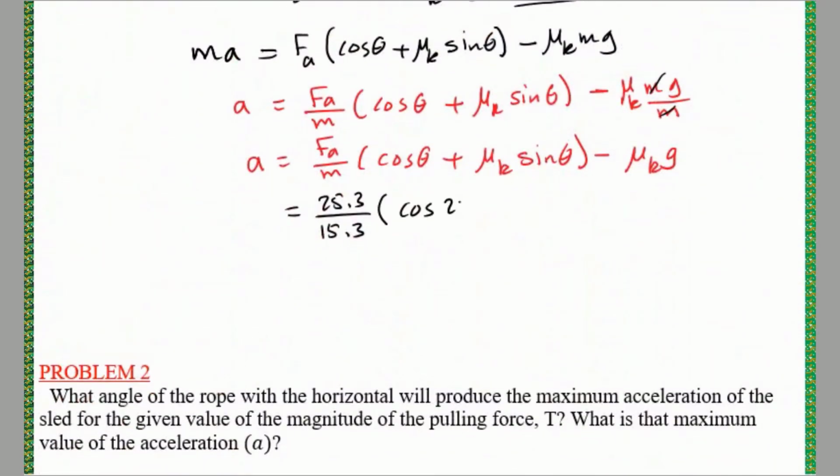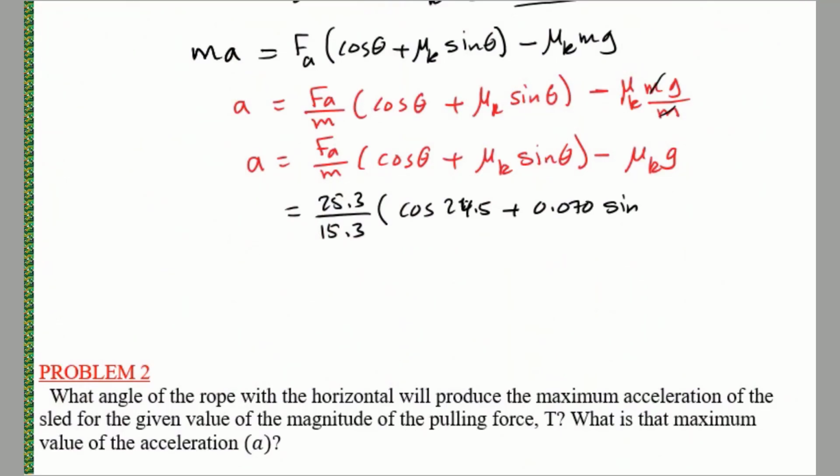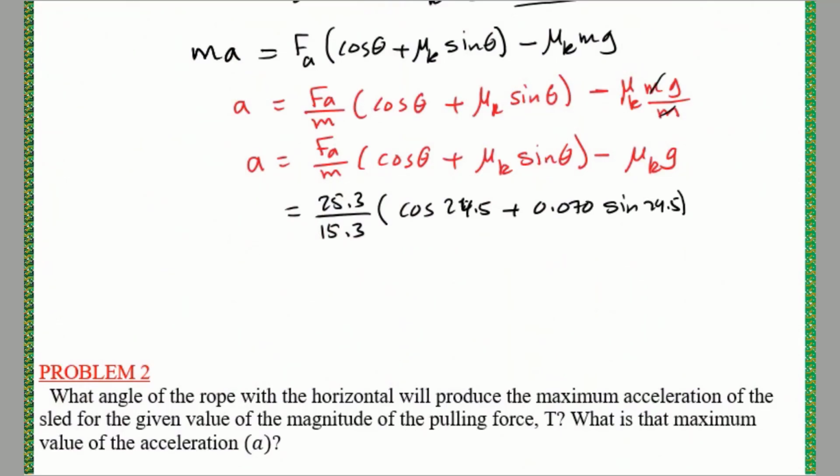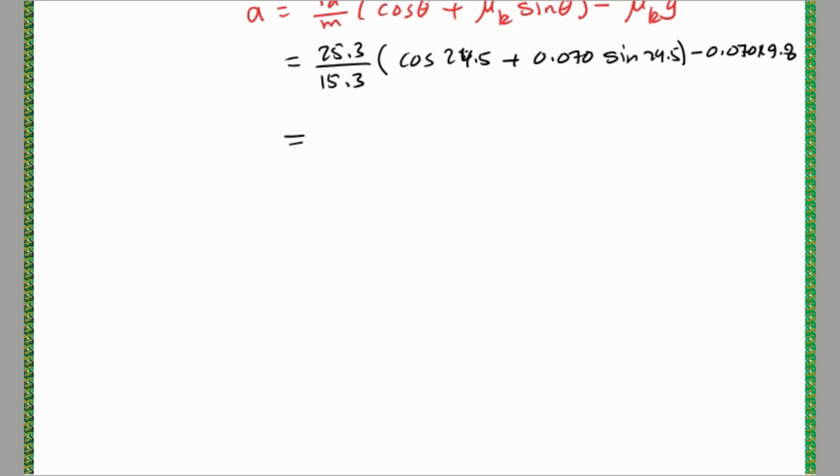Cosine 24.5 for the angle plus mu k 0.07 sine 24.5 minus mu k 0.07 times the gravity 9.8, and the answer will be something like 0.8667 and some digits.